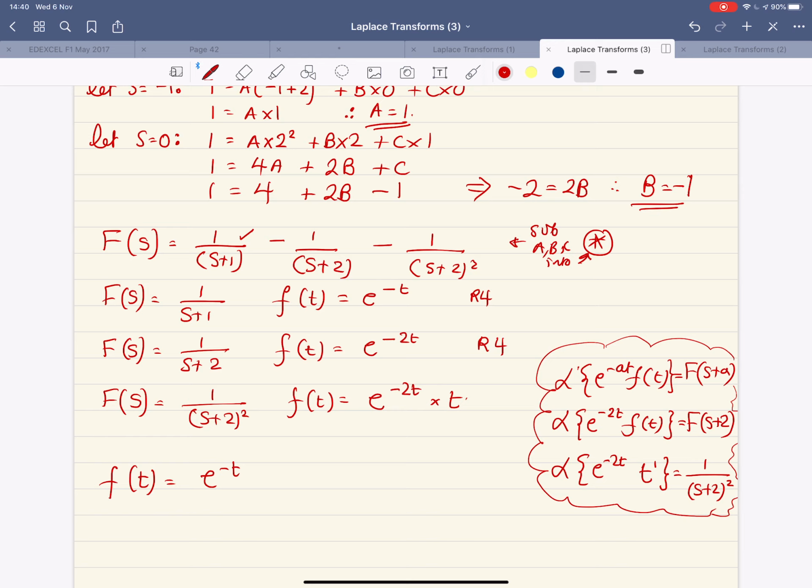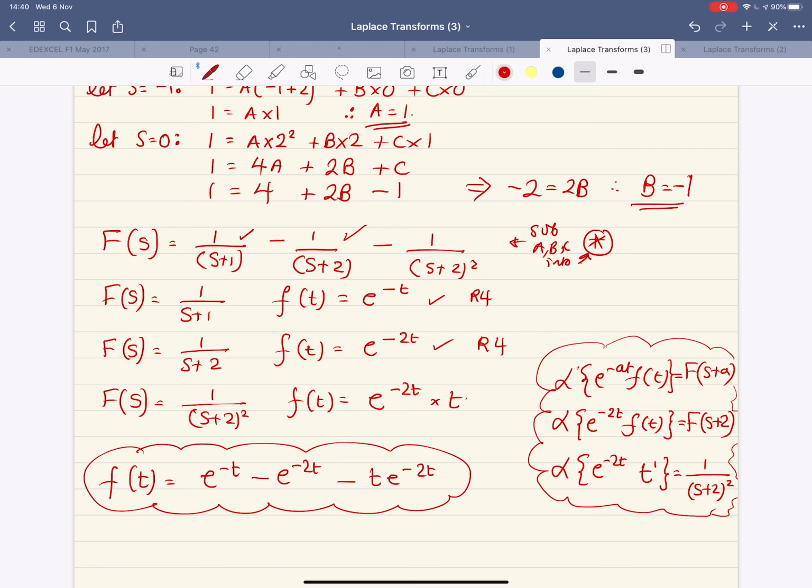And then this one, we've got a minus there, so it's minus e to the minus 2t for that one. And then this last one is minus t e to the minus 2t. So basically that t I put in the front and the minus is up there. And that's our answer for that one. And I think that's question 3 completed.